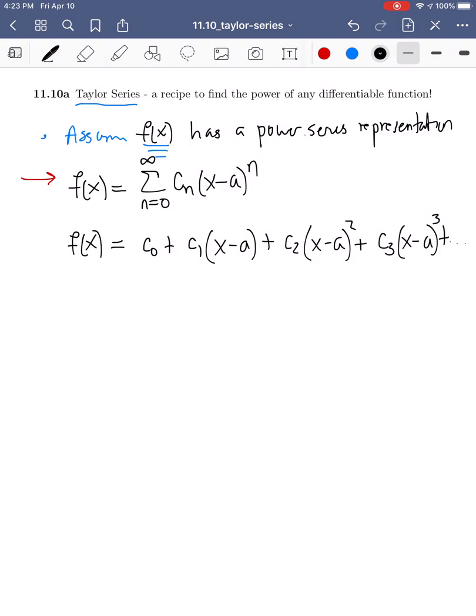So if we have this function f of x, we're assuming it has a power series representation. Let's think about what we know so far. Going into this problem, we would be told what we want a to be, or where we want to center our power series.